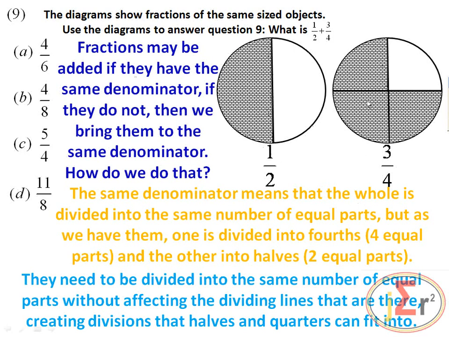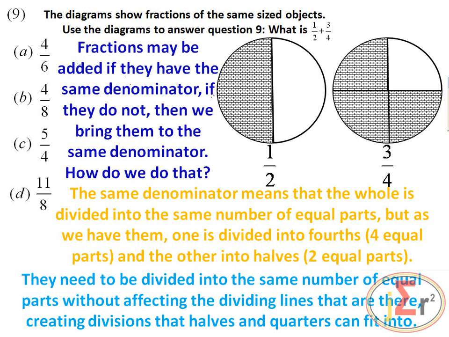So we can divide these up into divisions, and the half must be able to fit into those divisions, and the quarters must be able to fit into those divisions. So when we put in those divisions, the original division lines must not be affected. That is the way that we can have the fractions to have the same denominator.